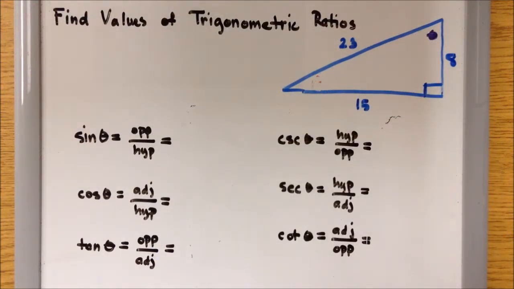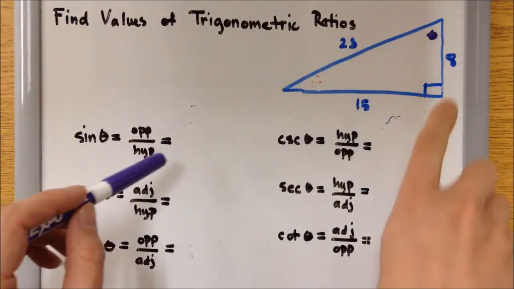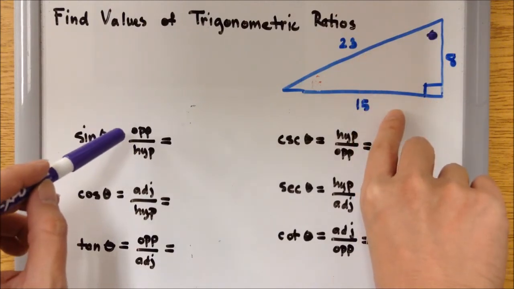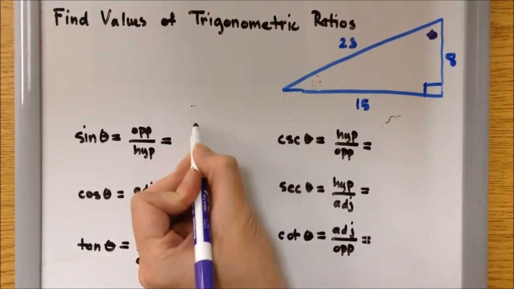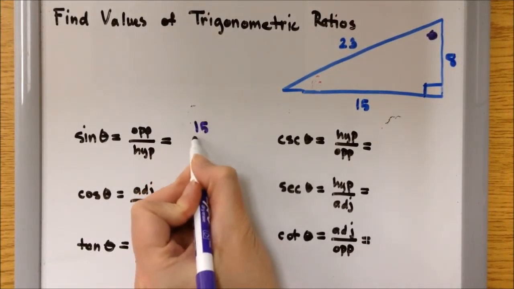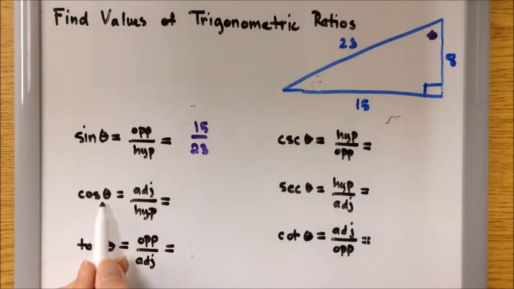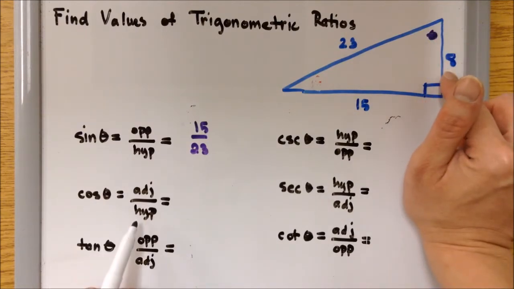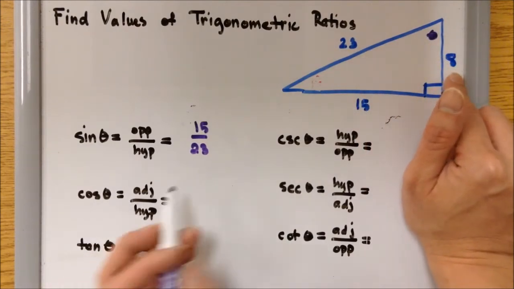If it's asking you to find the sine theta, it's opposite over hypotenuse, so it's going to be 15 over 23. Cosine theta is adjacent over hypotenuse, so what's next to the angle is 8 over the longest side, which is 23.